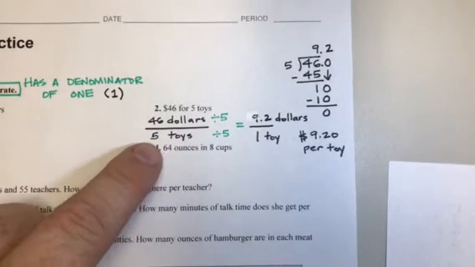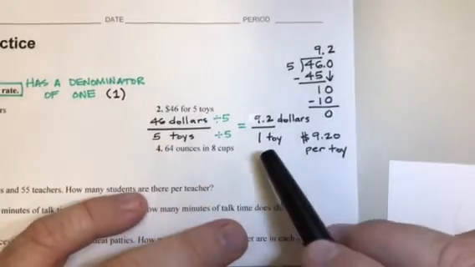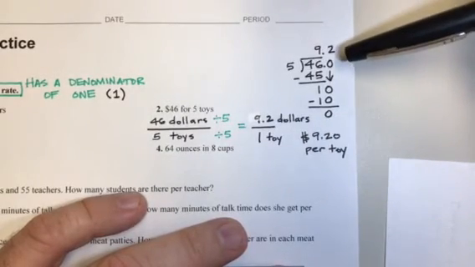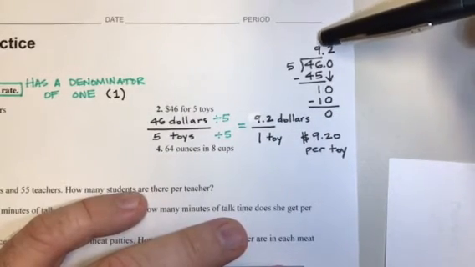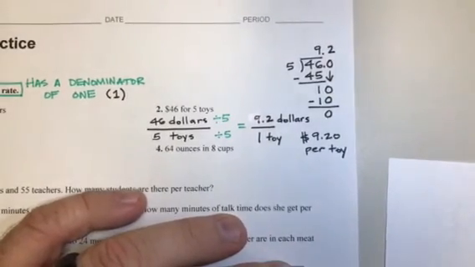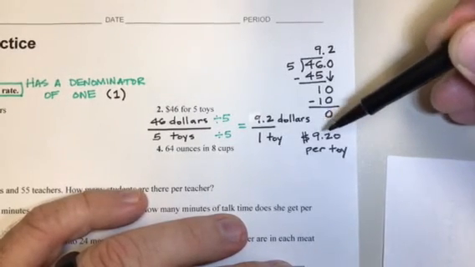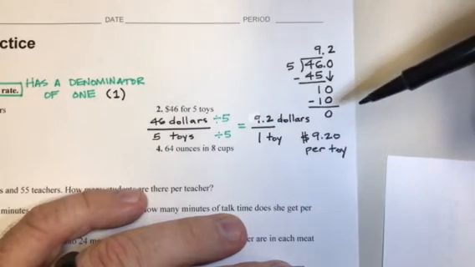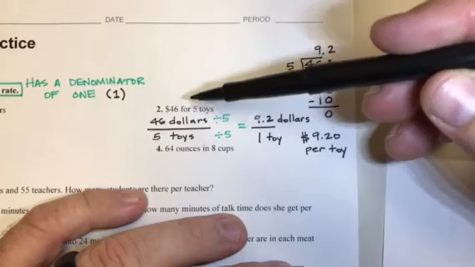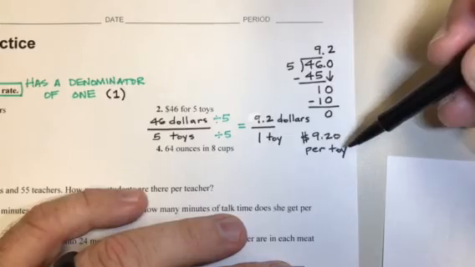Our $46 to 5 toys, when we divide that by 5 to make it a unit rate, 46 divided by 5, as you can see in the long division here, turns into a decimal, 9.2. And since we're talking about dollars, we're going to place a 0 in the 10th place so that we can correctly say this as $9.20. So our unit rate for $46 for 5 toys, our unit rate is $9.20 per toy.